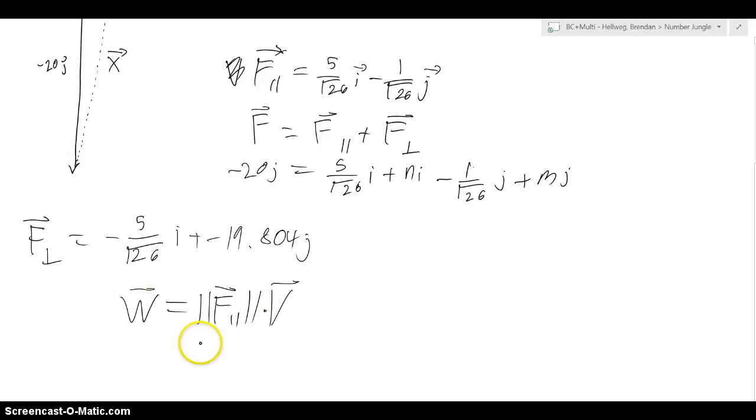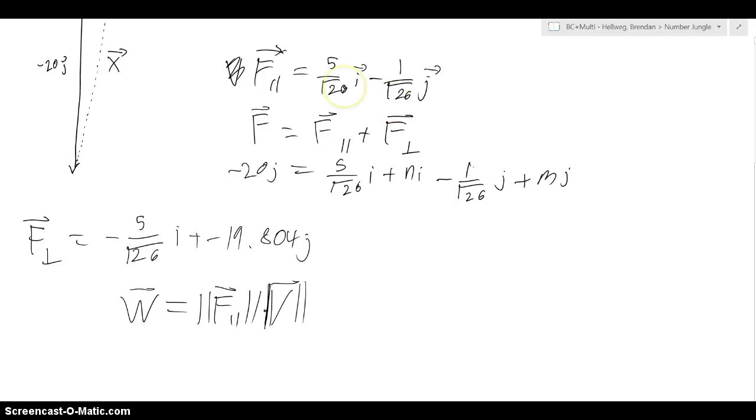So we have F parallel, and in this case it's actually the magnitude of F parallel times the magnitude of vector V, so that's actually just a bit simpler.